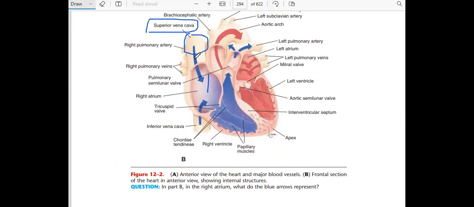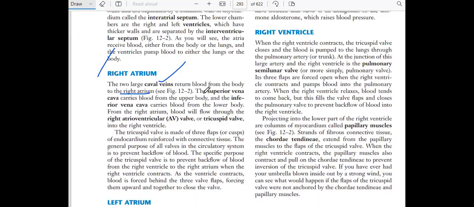From that vena cava, the blood enters the atrium from the body. It is coming from the body to the right atrium. This is the first thing you have to remember.